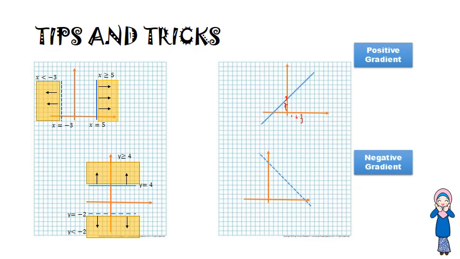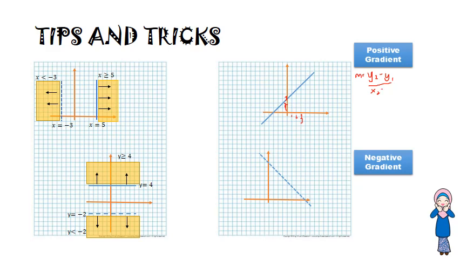We need to find the gradient of this graph. Our gradient is given by m is y2 minus y1 over x2 minus x1. Simple.